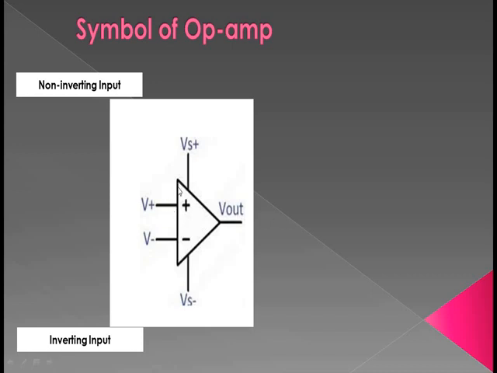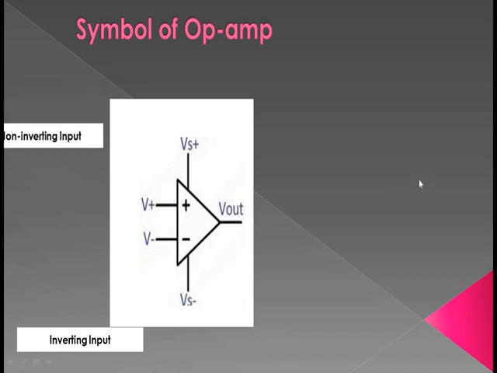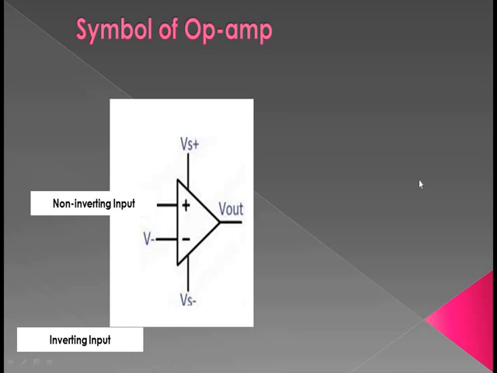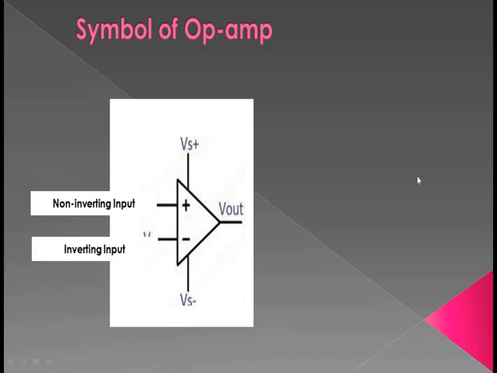The symbol of op-amp consists of a triangle. It has two inputs, plus and minus, two supplies, Vs plus and Vs minus, and output which is Vout. So it has two inputs which are named non-inverting input, which is positive, and inverting input, which is negative.